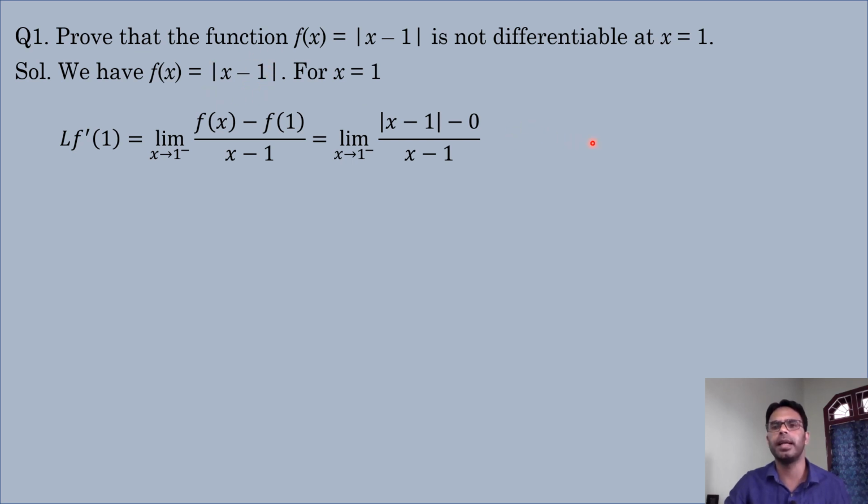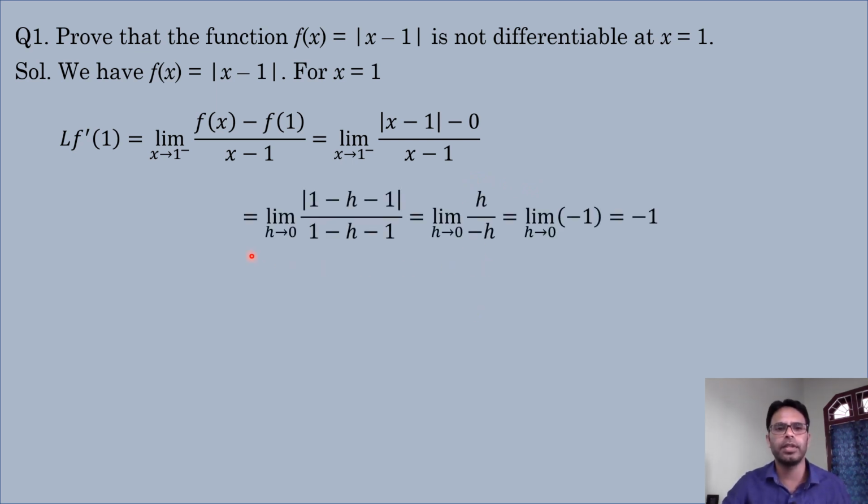So 0 is written here, and x minus 1 remains the same. Then make it h tends to 0, so x is 1 minus h. This is 1 minus h minus 1, the 1s cancel, mod of minus h is h, divided by minus h. So the limit is equal to minus 1.